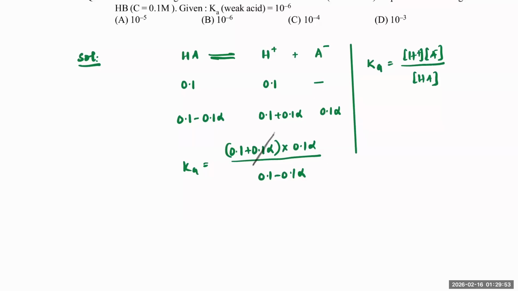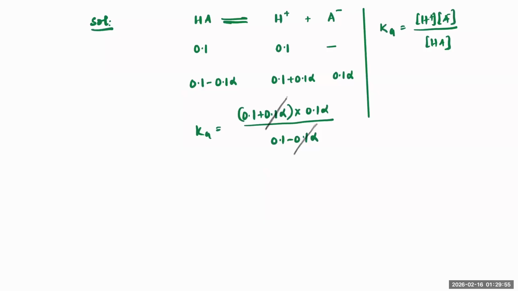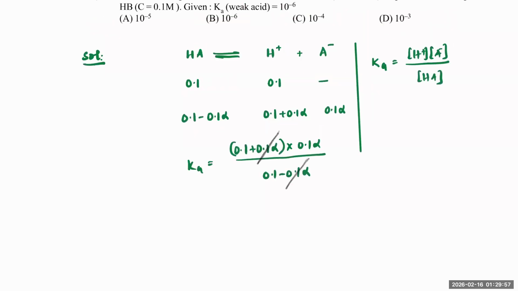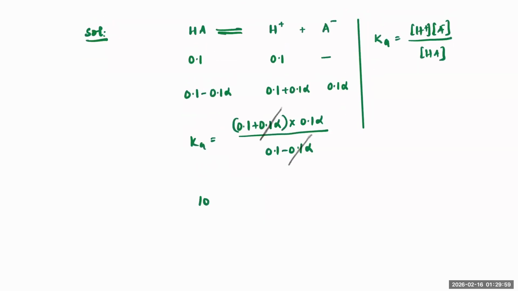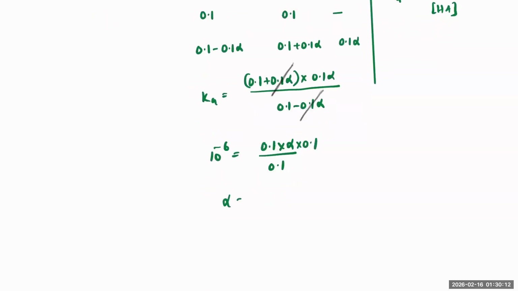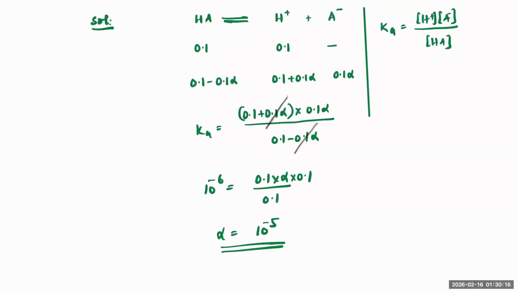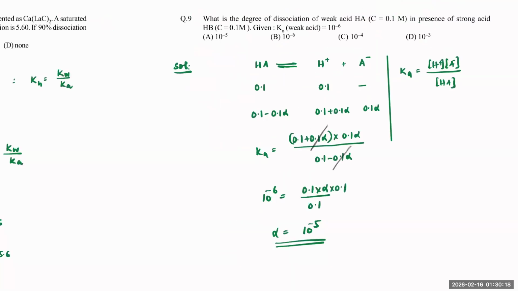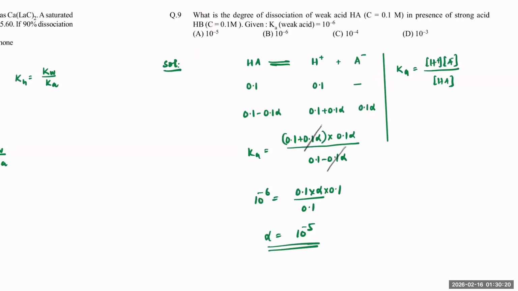And here also the 0.1 alpha can be ignored. So which means Ka value, which is given as 10 raised to power of minus 6, will be equal to 0.1 into alpha by 0.1. Therefore, alpha will be equal to 10 raised to power of minus 5. So this much will be the alpha value. Clear? That is the degree of dissociation asked.